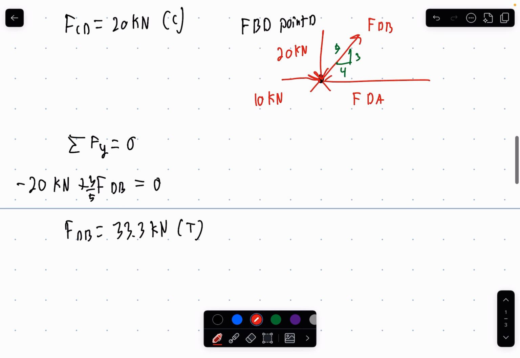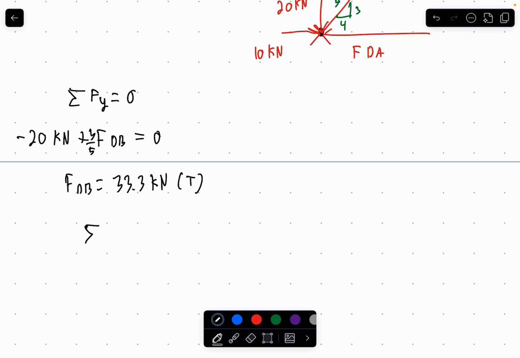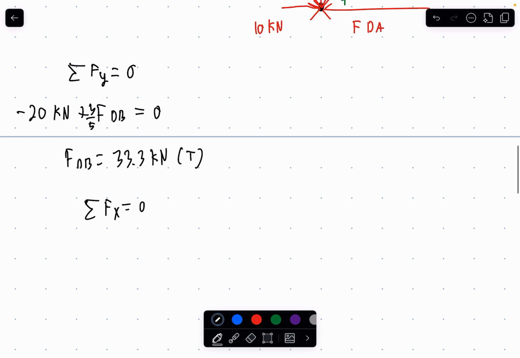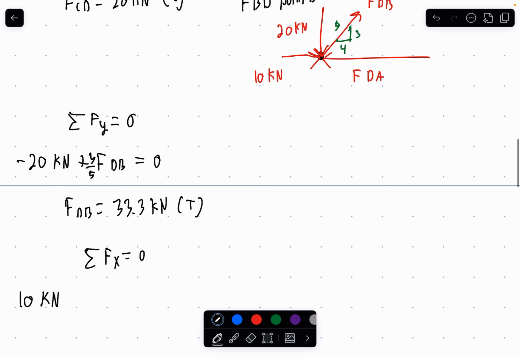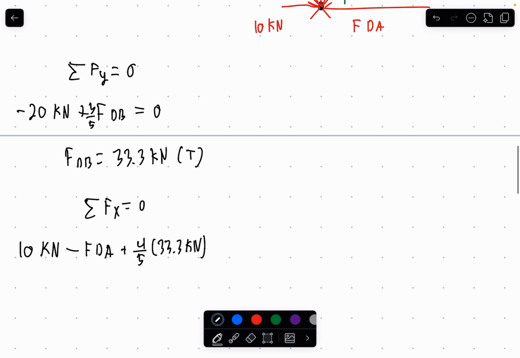So now if we sum the forces in the x, set it equal to 0, we have 10 kilonewtons acting in the right direction right here. We have F_DA acting in the negative direction, and then we have 4/5 of 33.3 kilonewtons acting in the right direction. Set it equal to 0.